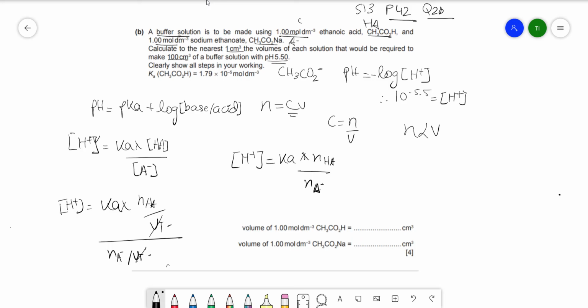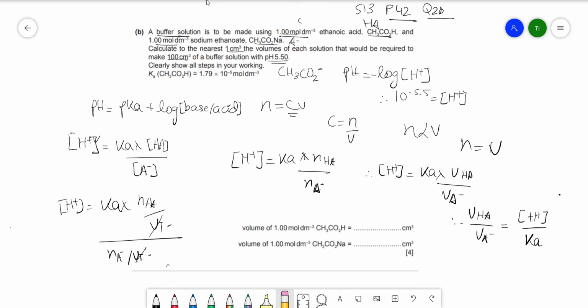Because C is 1, n is basically volume. The moles is basically volume, and therefore the concentration of H⁺ is Ka times the volume of acid divided by the volume of the base. Now you make VHA by VA⁻ the subject, and it'll be a ratio of the concentration of H⁺ and Ka, right?